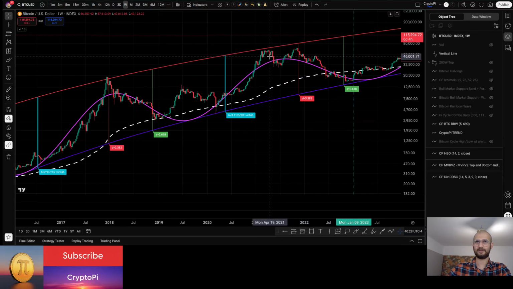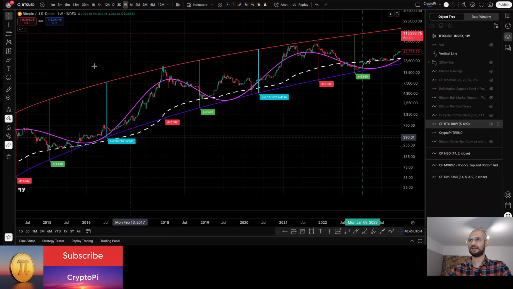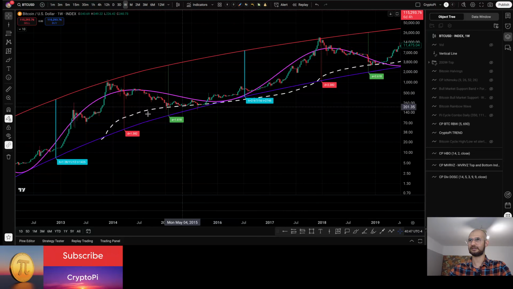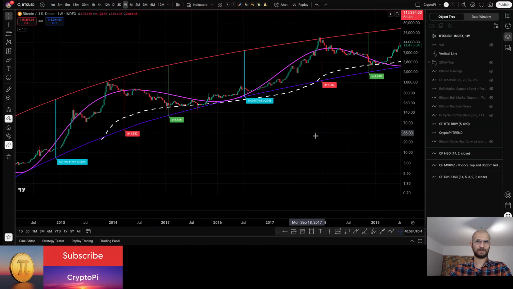So this happened in April, and this particular distribution line was in November, so quite a few months away. And the cycle top really happened over here in November, and that is above the purple line. Same thing goes in the cycle of November 2013, where the price crossed above and we saw the cycle high for this particular season.